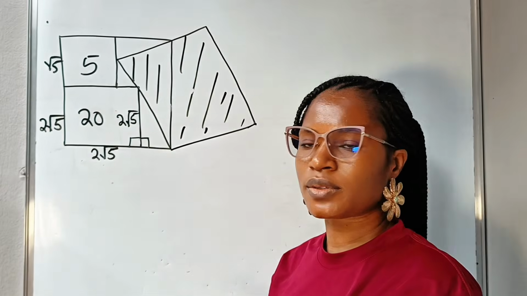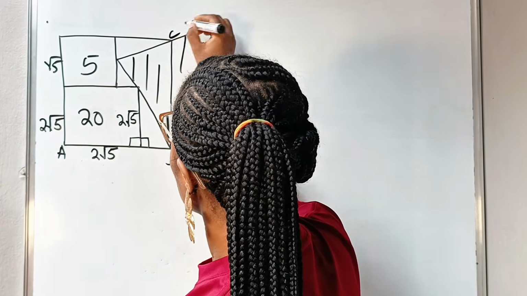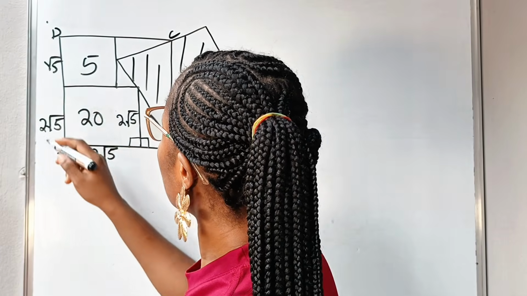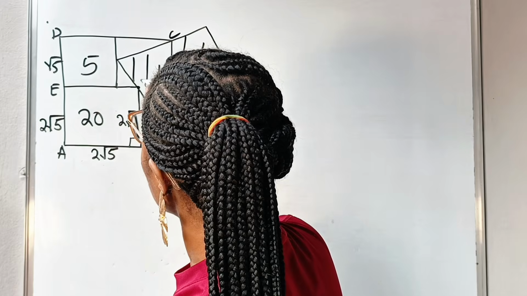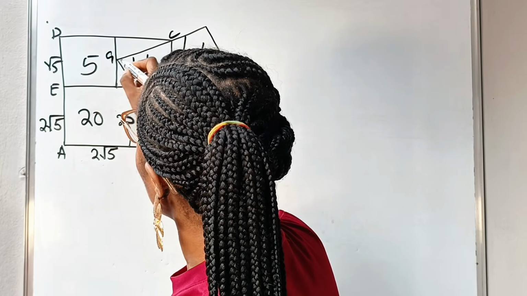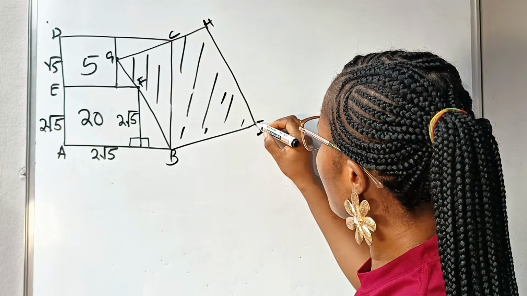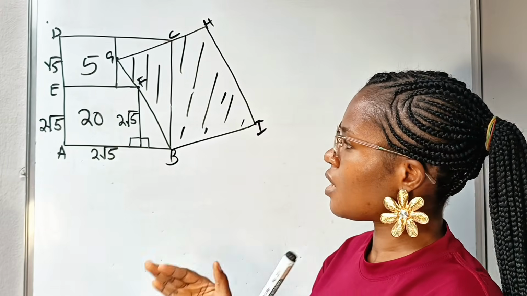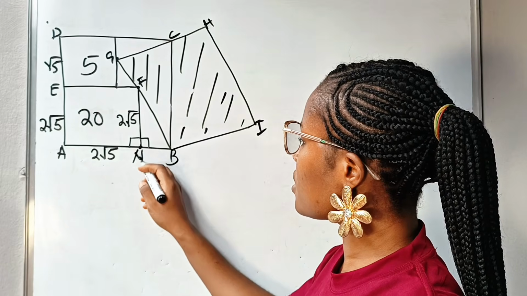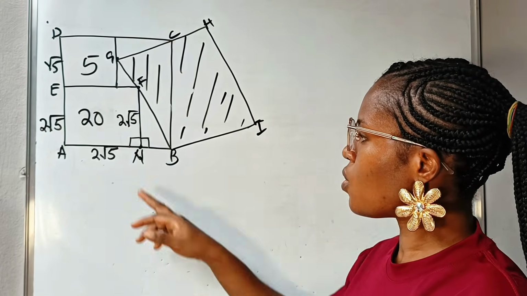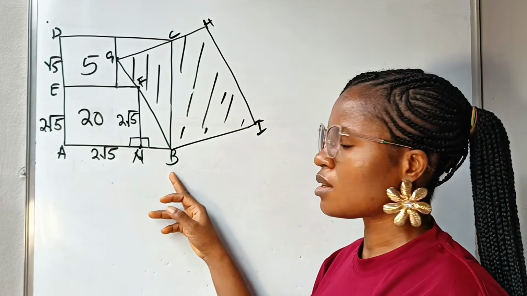Now I think I need to label this A, B, C, D, E. Now let's name this point F, this point G, this point H, this point I. Yeah, so that I can be able to say from here to here. Then this meeting point, let's call it N. All right, so NF is 2 root 5 and NB is what?